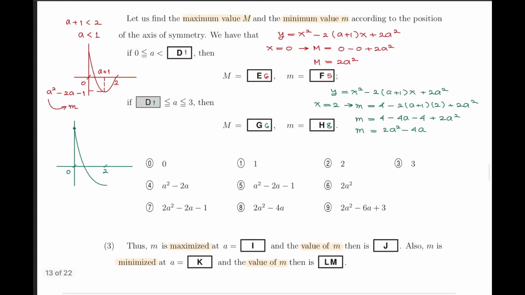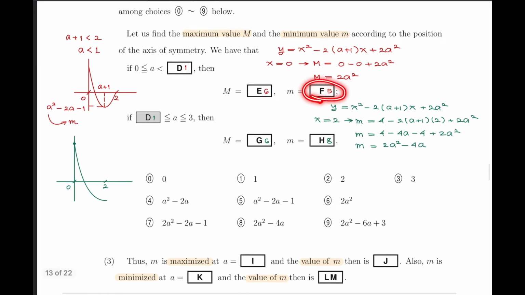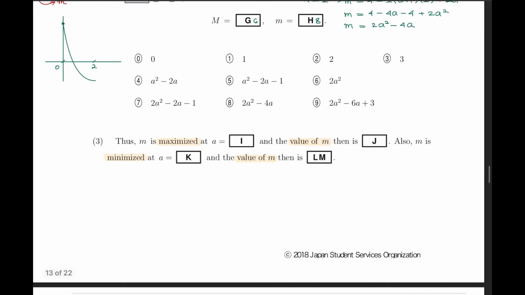m is 5. What is 5? Let me write it down here: a squared minus 2a minus 1. m is a squared minus 2a minus 1 if a is between 0 and 1, and m is also 2a squared minus 4a if 1 is less than or equal to a less than or equal to 3.